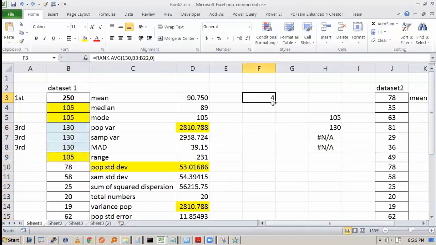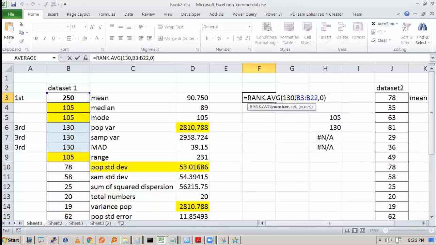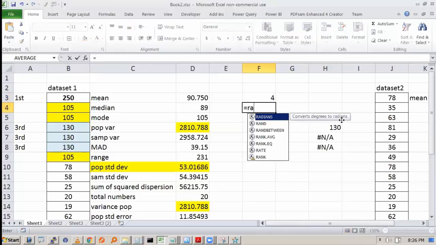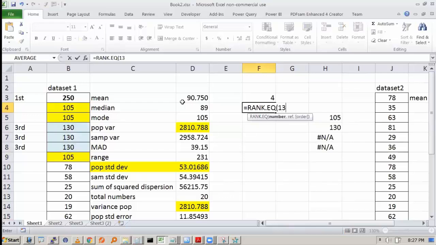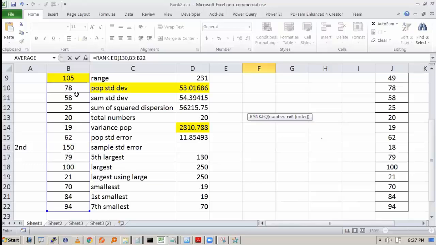This is given rank average of 130 with this reference. It is given as the 4th rank, and we'll see why it is coming. And we have another, which is rank dot equal. We'll again give 130.